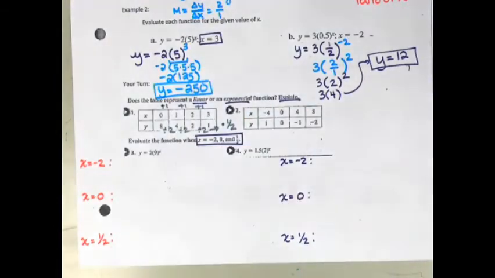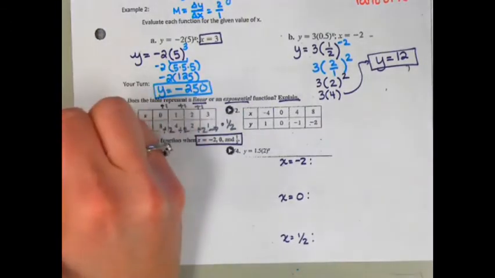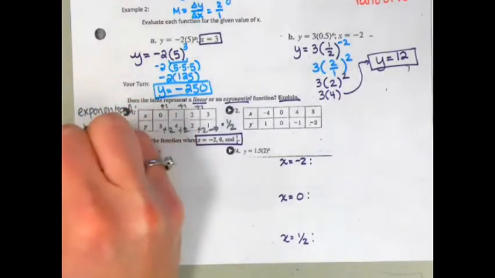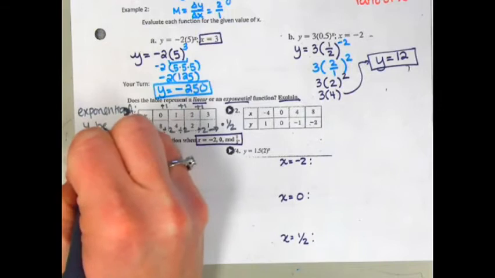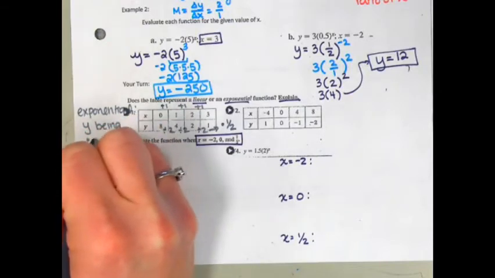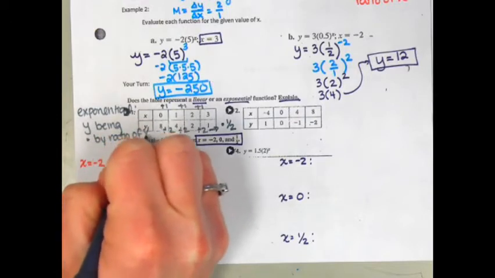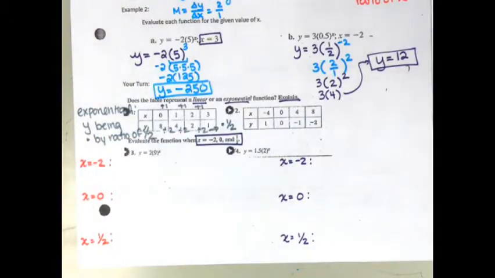So since my y is being multiplied by 1/2 each time, is this linear or exponential? It's exponential. Why? Because the y is being multiplied by the ratio of 1/2, right? Good.